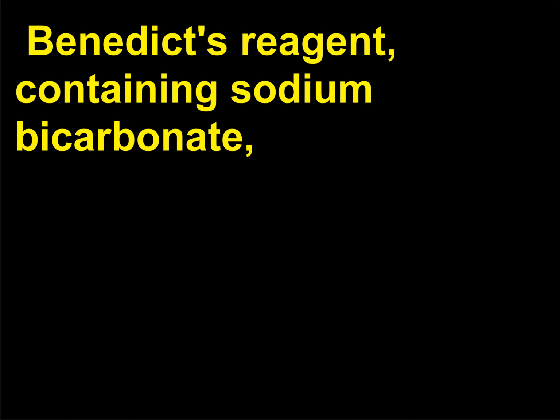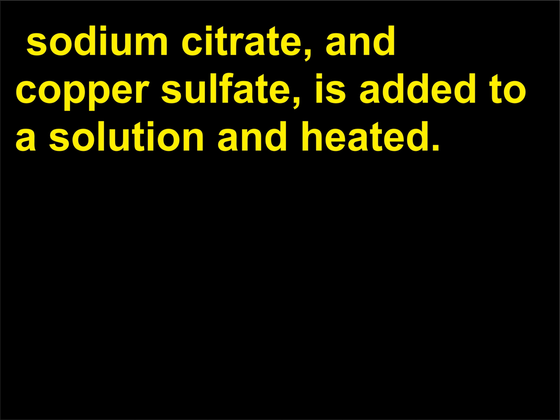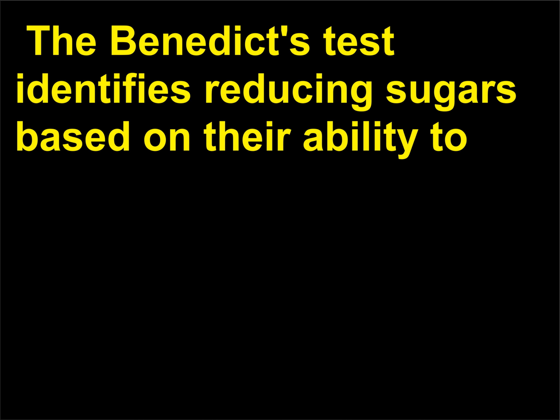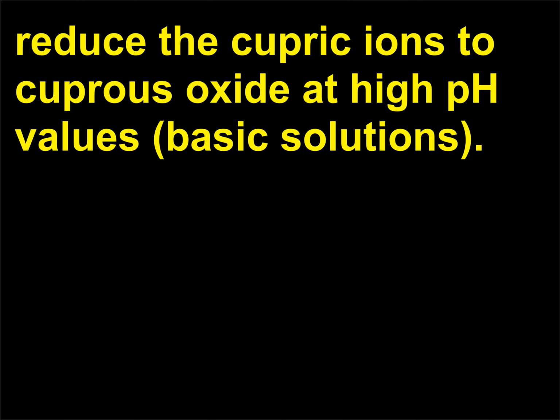Benedict's reagent, containing sodium bicarbonate, sodium citrate, and copper sulfate, is added to a solution and heated. The Benedict's test identifies reducing sugars based on their ability to reduce the cupric ions to cuprous oxide at high pH values, basic solutions.